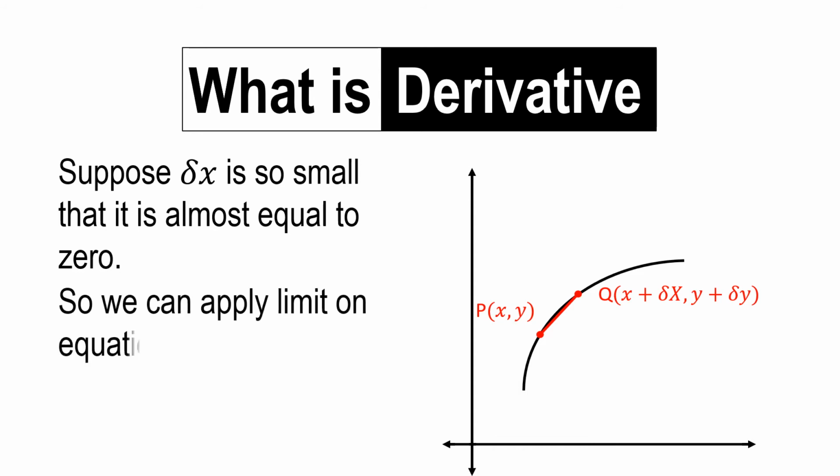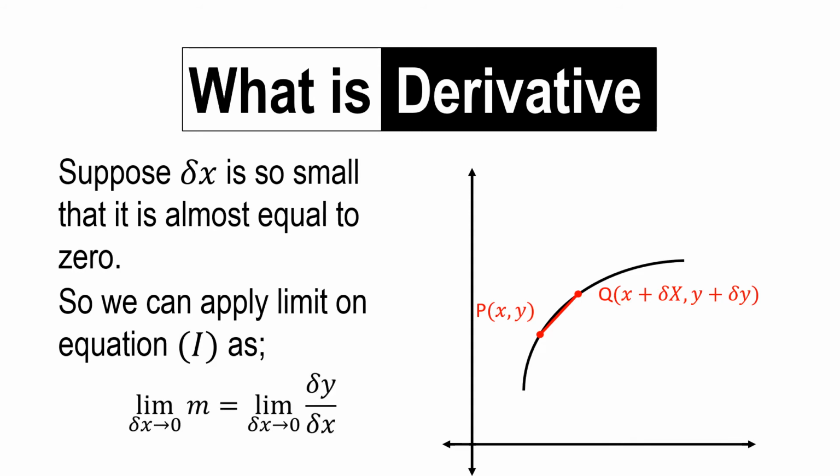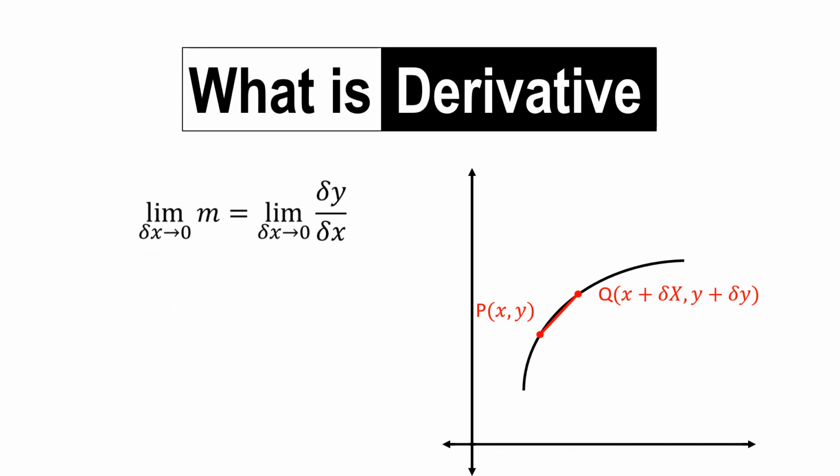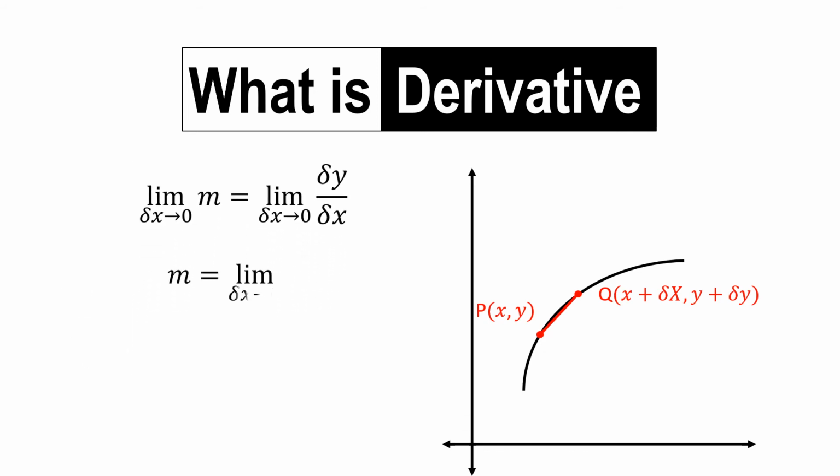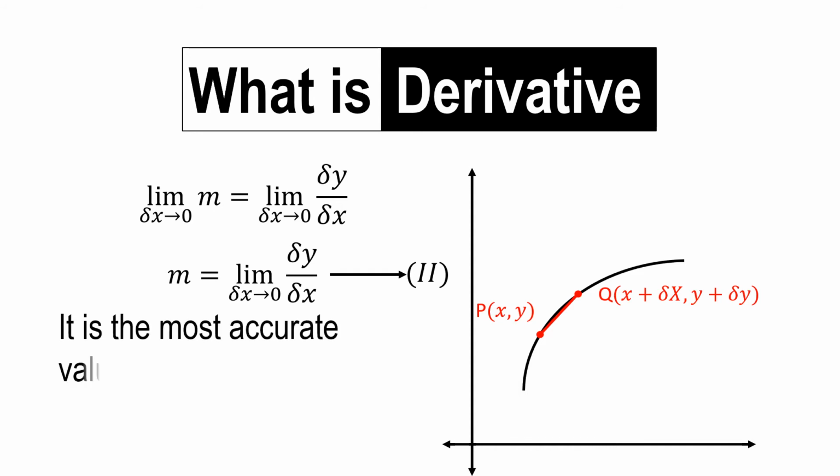Suppose delta x is so small that it is almost equal to 0. So we can apply limit on equation 1 as limit delta x approaches 0 of m is equal to limit delta x approaches 0 of delta y over delta x. m is equal to limit delta x approaches 0 of delta y over delta x.